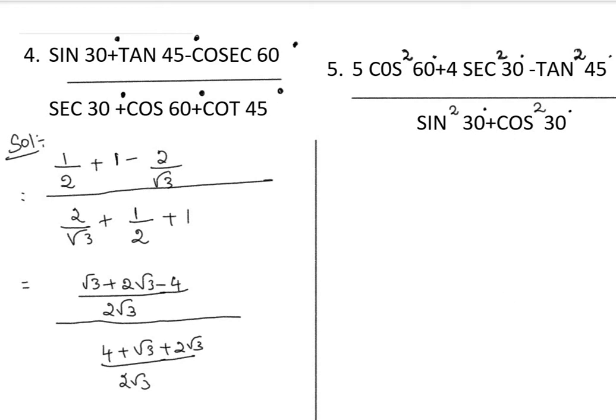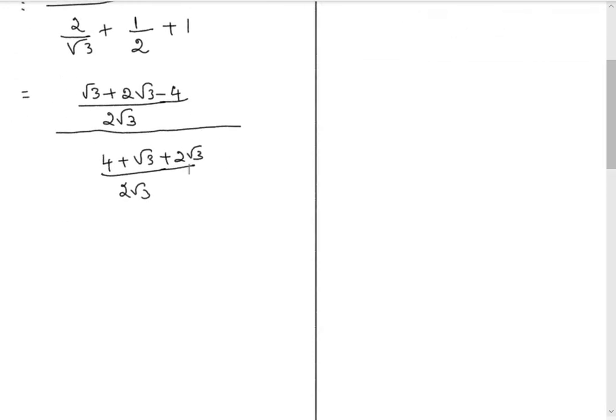Okay, and my next step: root 3 plus 2 root 3 is 3 root 3 minus 4. And I can cancel this 2 root 3 and 2 root 3, leaving 4 plus 3 root 3 plus 2 root 3. 1 root 3 plus 2 root 3 is 3 root 3. So 4 plus 3 root 3.